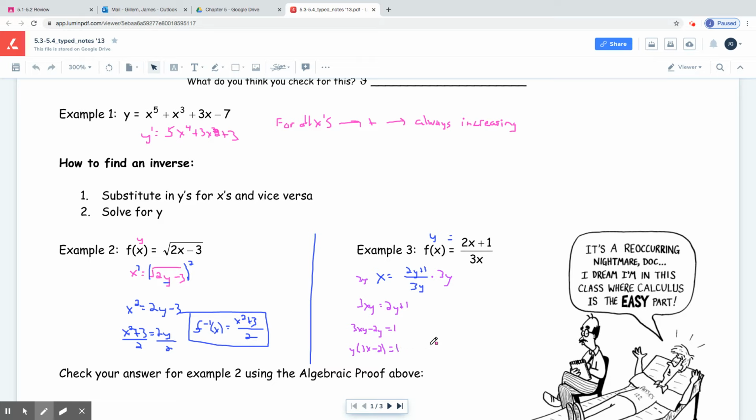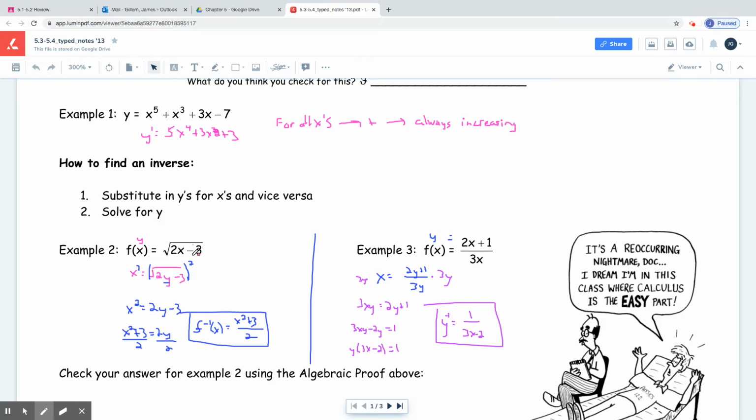And then divide by 3x minus 2. So y equals 1 over 3x minus 2. And that is your inverse.